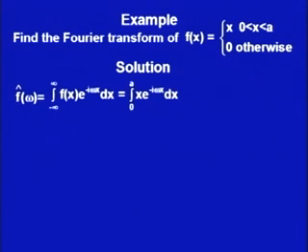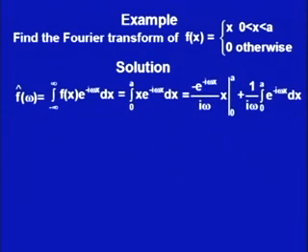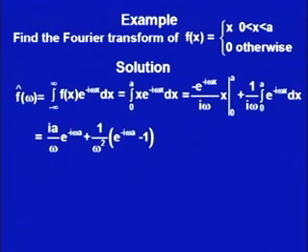Let us integrate this by parts. What we get is x times e to the power minus i omega x upon minus i omega evaluated from 0 to a, plus 1 upon i omega times the integral from 0 to a of e to the power minus i omega x dx. Evaluating at x equal to a gives a e to the power minus i omega a, and 1 upon i is minus i, so we get i times a upon omega e to the power minus i omega a.